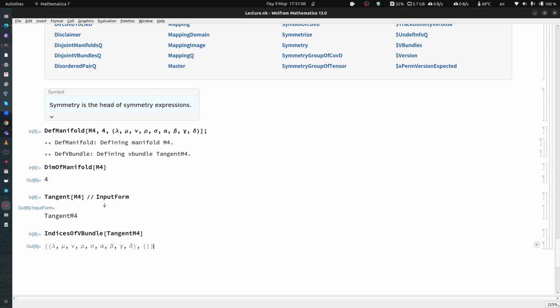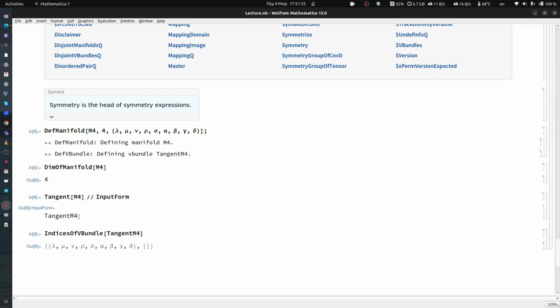Now, notice something: the name that is chosen to represent the tangent bundle of our manifold starts with the name Tangent, and then it adds the string M4. And M4 is the name that we have chosen for our manifold.